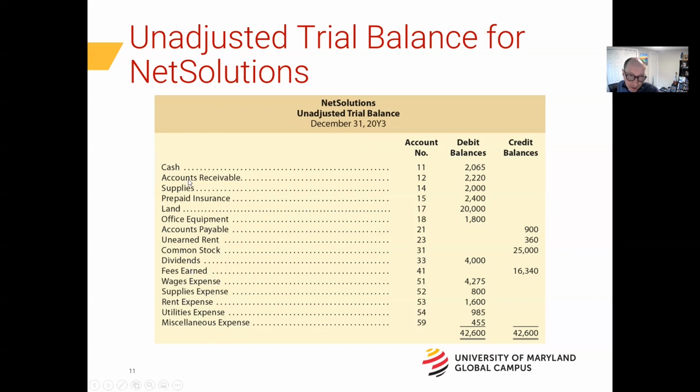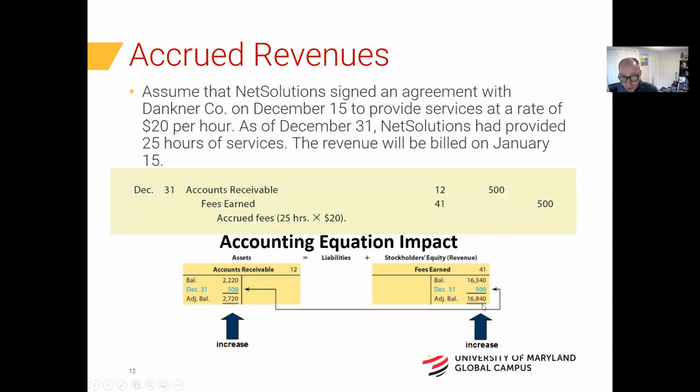It'll have all your accounts listed out, the account number, the debit and credit balances, and at the very end, the two should balance. And if it doesn't, clearly we need to make an adjusting entry. So let's take a look at an example of one of those adjusting entries.